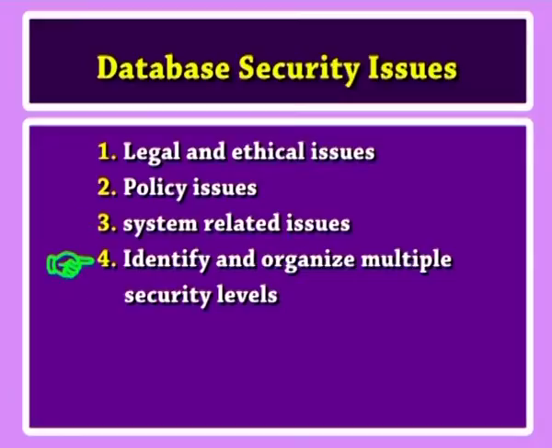Number 4, the need in some organizations to identify multiple security levels and to categorize the data and users based on these classifications. For example, top secret, secret, confidential and unclassified. The secret policy of the organization with respect to permitting access to various classifications of data must be enforced.